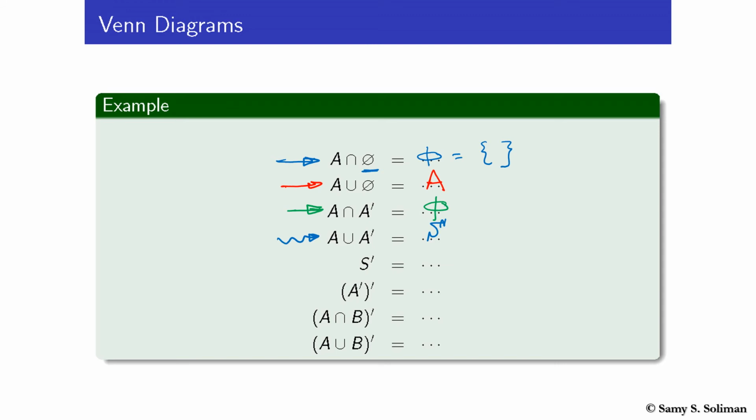Also, it can be simply concluded that the complement of the sample space is phi, because there is no element in the sample space that does not exist in the sample space, which is the definition of the complement of an event with respect to the sample space. So the complement of the sample space is phi.